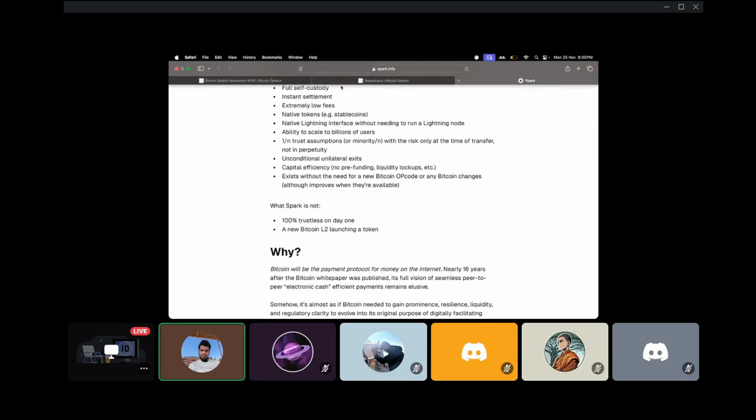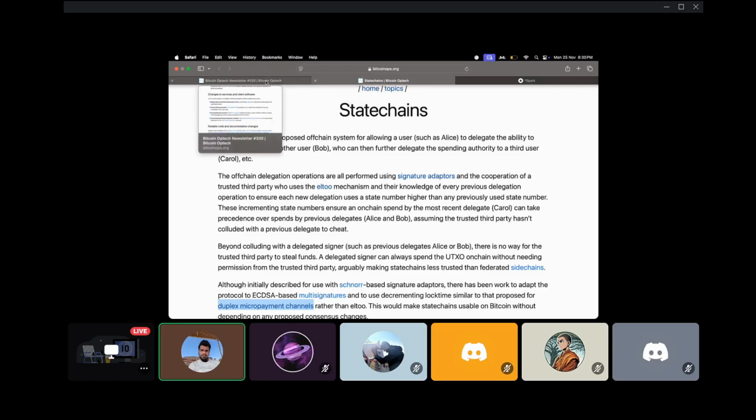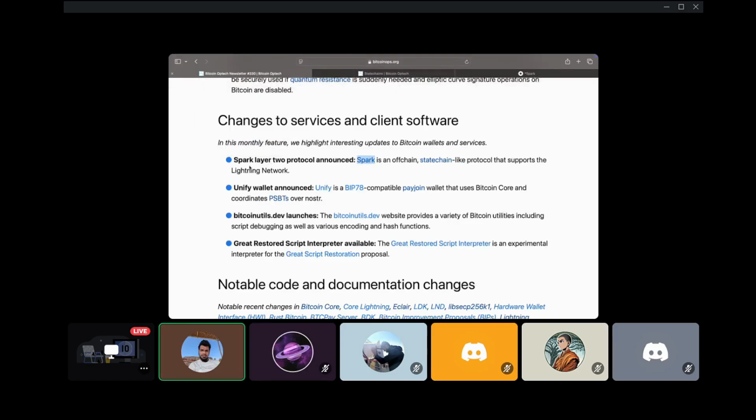To summarize, the specific client is known as Spark. It is a layer 2 protocol like the Lightning Network. It is governed by the Statechain protocol, meaning it's possible to delegate the ownership of a UTXO from person A to person B without going on chain, with collaboration with a trusted third party, which is known as a Spark entity in this case.